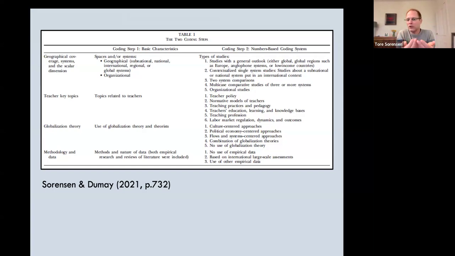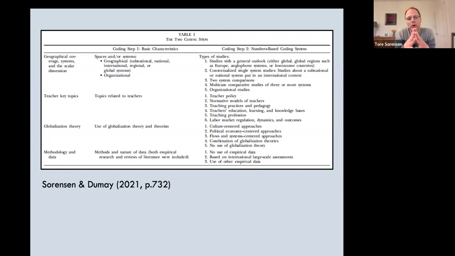First, we did a quite descriptive coding of the 279 pieces of literature. And then on the basis of that, we developed a numbers-based coding system: different types of studies, different key topics, different clusters of theory. We came up with these categorizations.